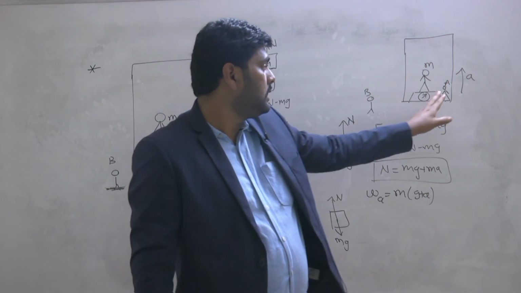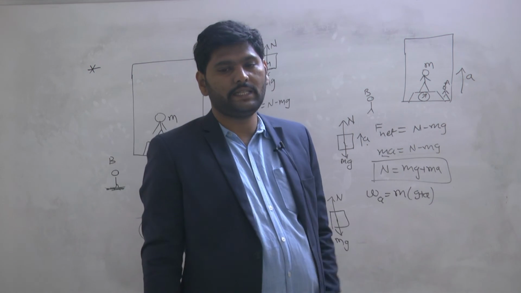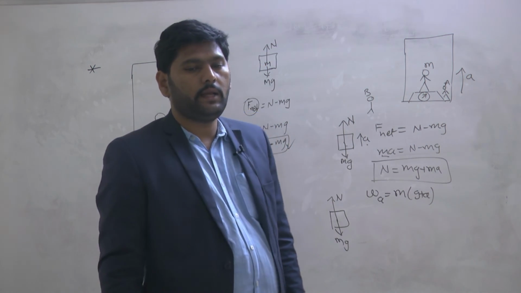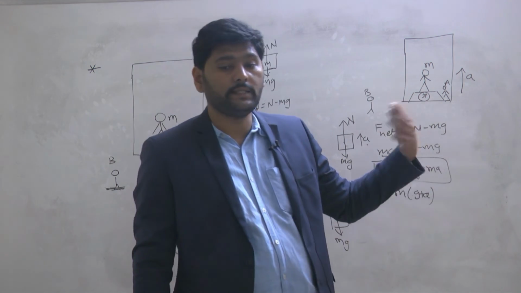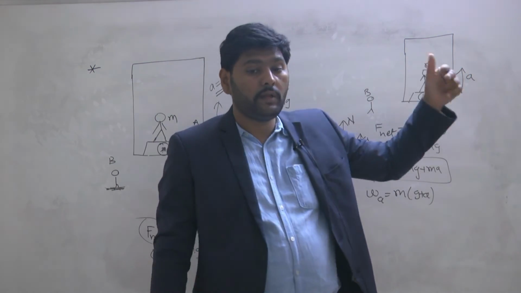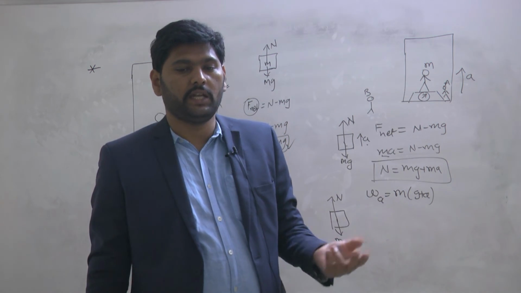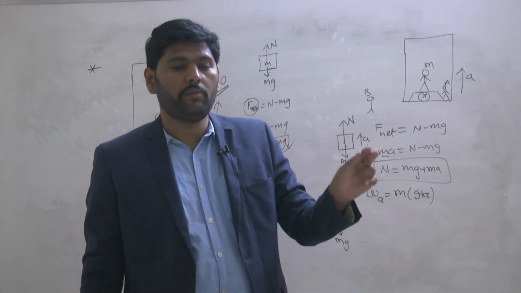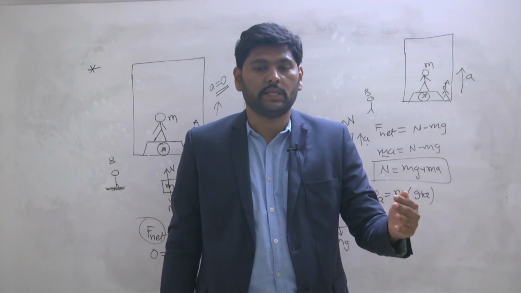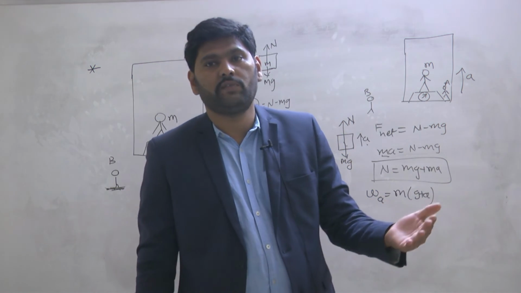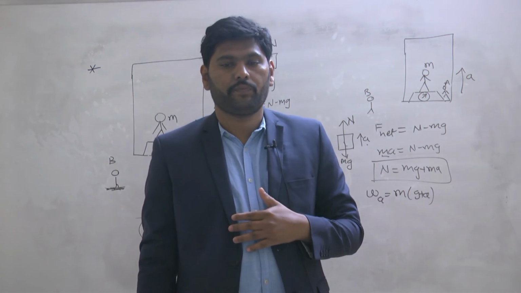But observe that this person is inside the lift. When the person is inside the lift, what acceleration will it be? It has some acceleration. When the observer has acceleration, the reference frame has acceleration. A reference frame having acceleration we call a non-inertial reference frame.